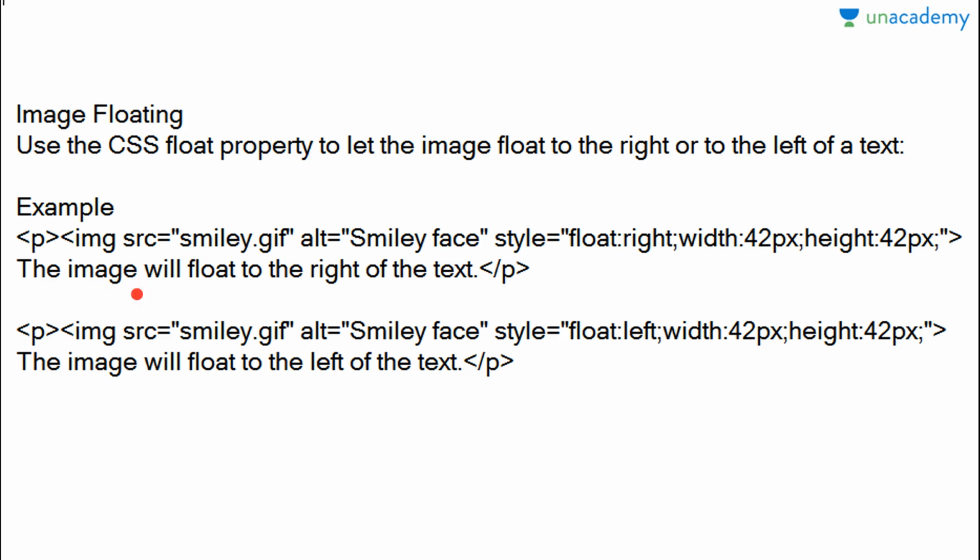Again we can set image source is equals to smiley.gif, alt is equals to smiley face, style is equals to float left, means it will float to the left of the text, width 42px, height 42px. So these are the floating images that we have studied.